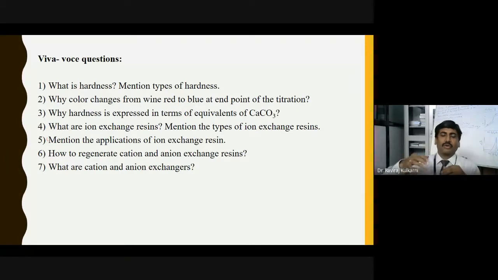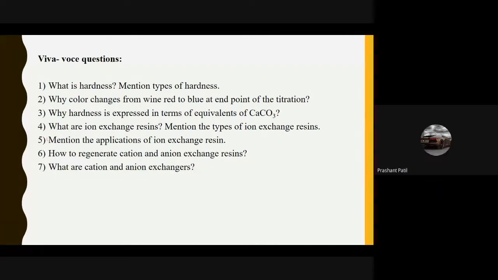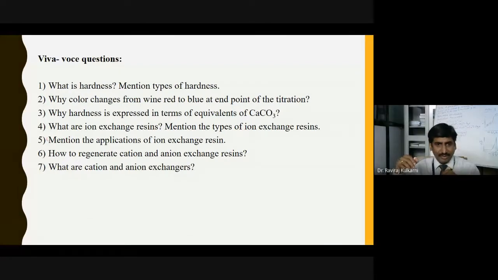Once all the sites are adsorbed with calcium ions, you have treated with strong HCl or HNO3. The H plus ions again remove the calcium and magnesium ions and replace them with H plus ions on the surface. For anion exchange resin regeneration, you have to use OH minus ions. NaOH you can use, 1 molar NaOH.